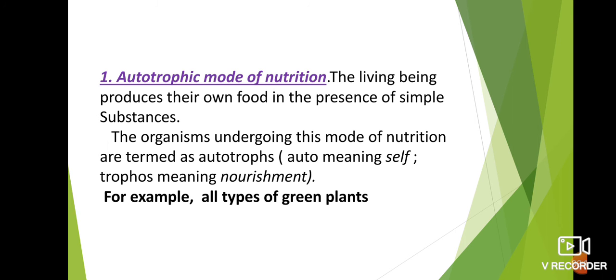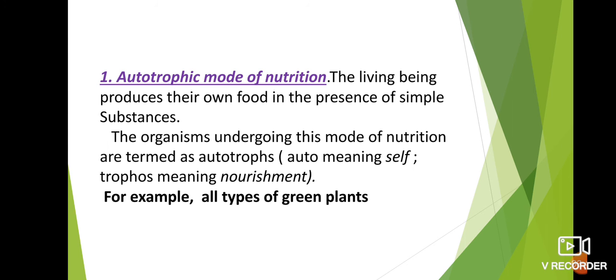The organisms undergoing this mode of nutrition are termed autotrophs. Auto meaning self, trophs meaning nourishment. Examples for autotrophic nutrition are all types of green plants and blue-green algae.